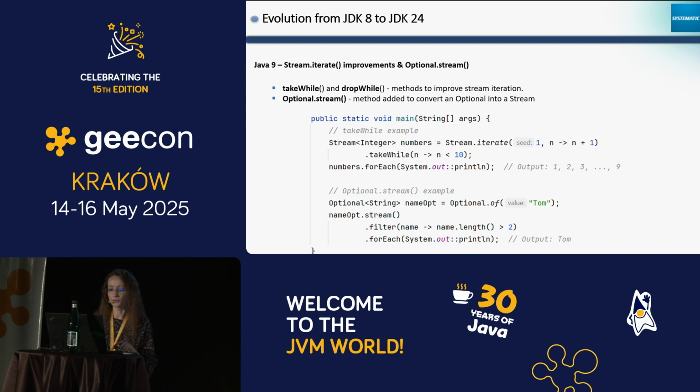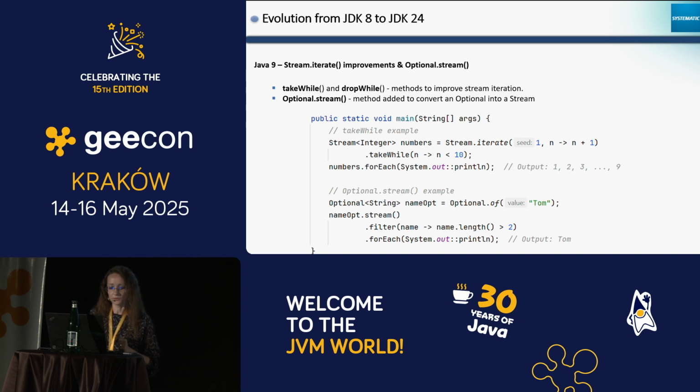We have an Optional string that holds the value Tom. And then I have used the stream method to convert this Optional into a stream and then apply a filter operation. Since the string I provided passes the filter, it is printed as the output. But if the Optional was empty, the stream would have been empty. So nothing would have been printed, but we didn't have to check the value first, and obviously we don't get any errors.